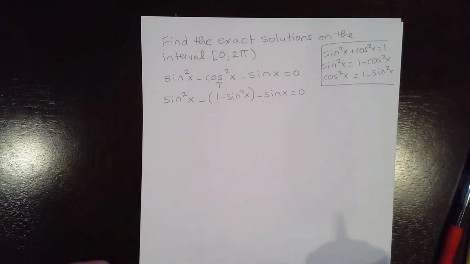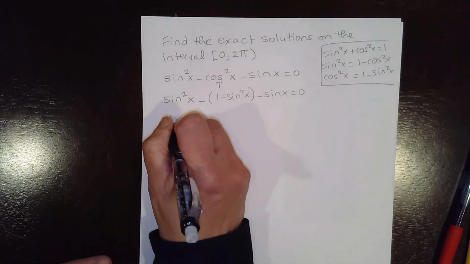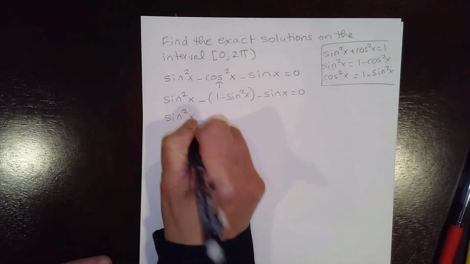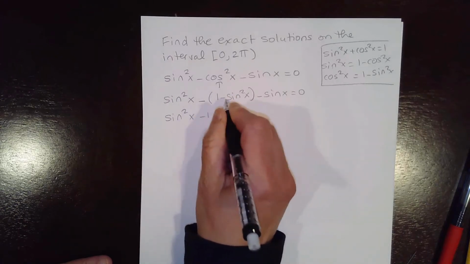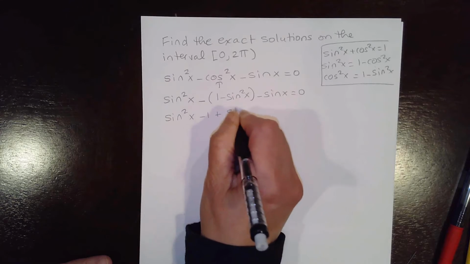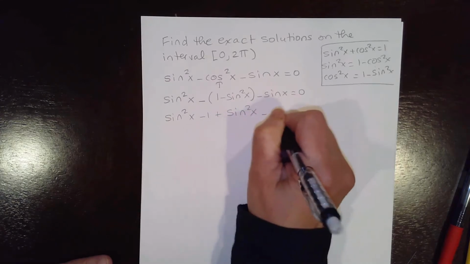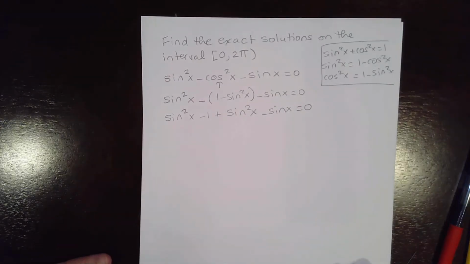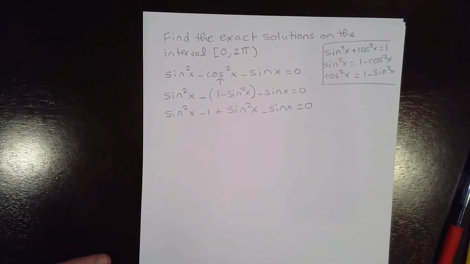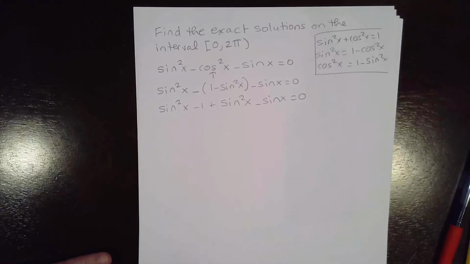So now we're just going to have to simplify. We have sine squared x, distributing the negative. We get negative 1, negative times negative plus sine squared x, minus sine x equal to 0. So now we have a quadratic equation in sine x, but first we have to simplify.